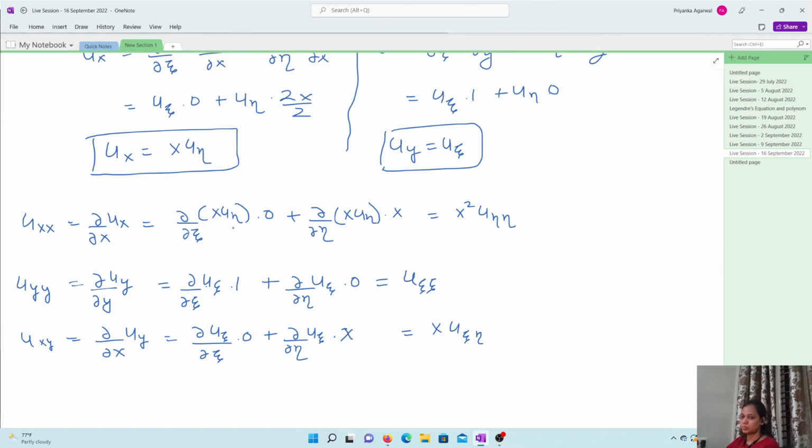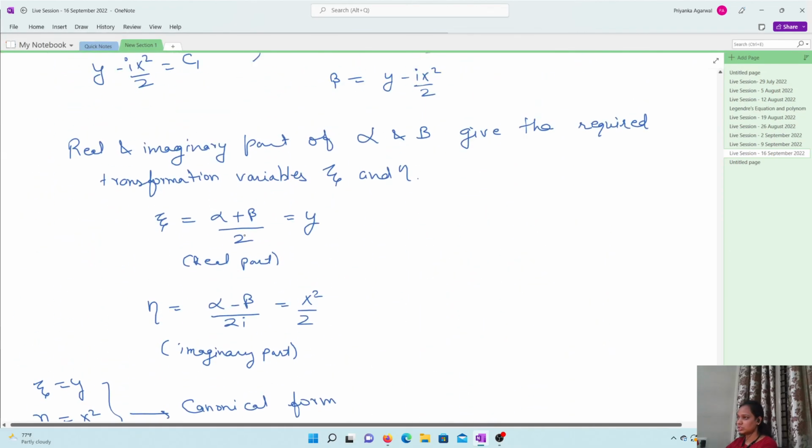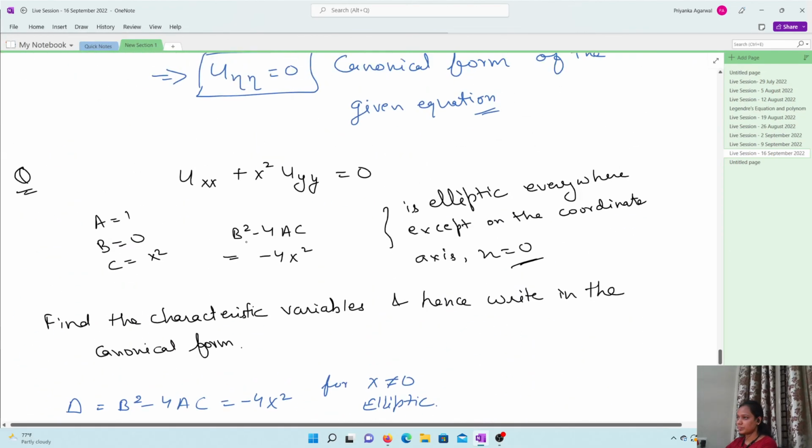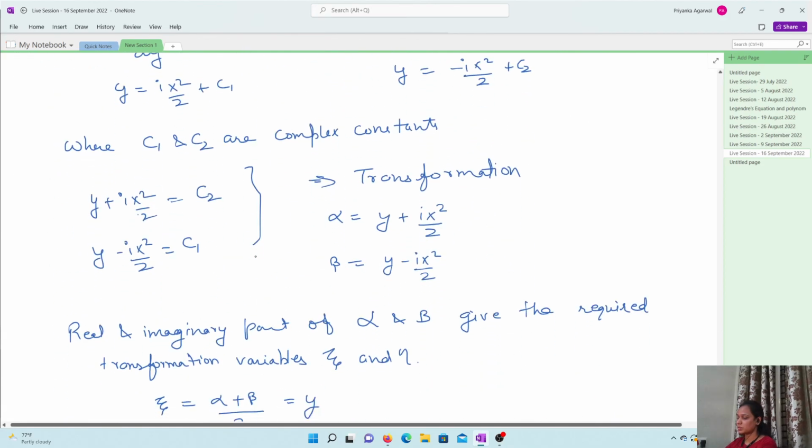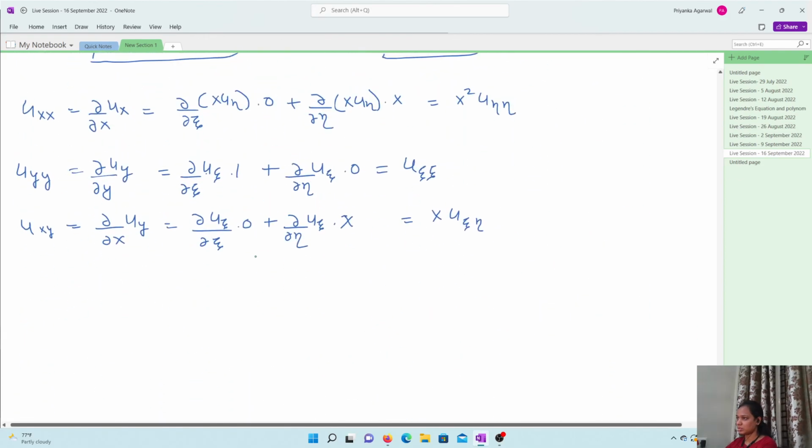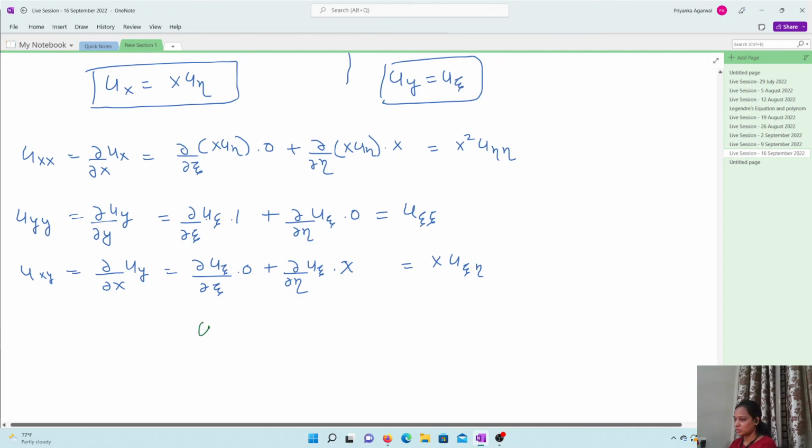Now let's go back to the given equation, which is uxx plus x square uyy equals 0.